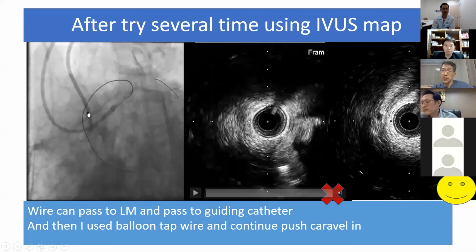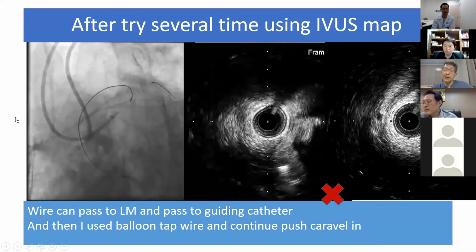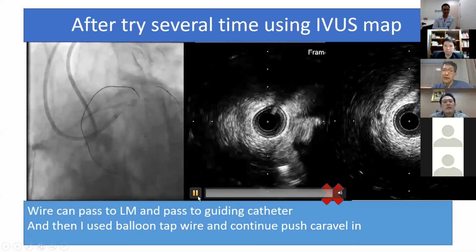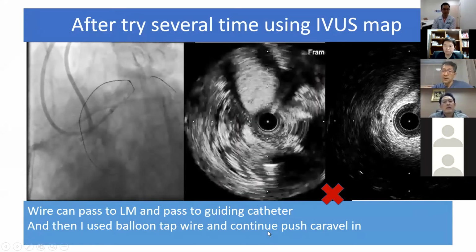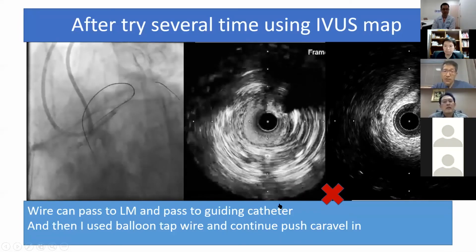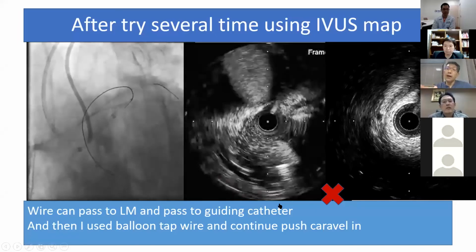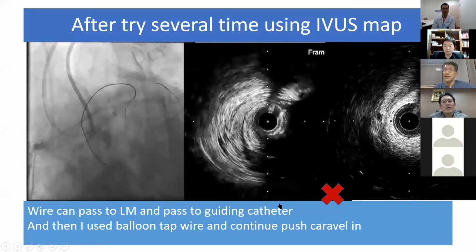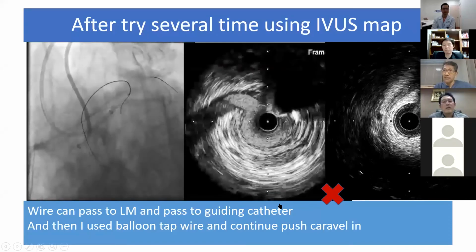So first, when you try antegrade wiring the first time, it's very difficult. But after crossing the retrograde wire to just proximal to the occluded part, sometimes the antegrade wiring becomes easier than the first attempt.